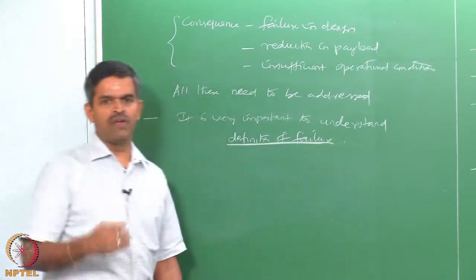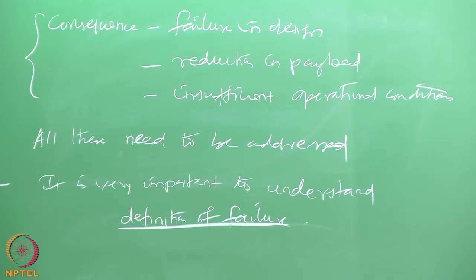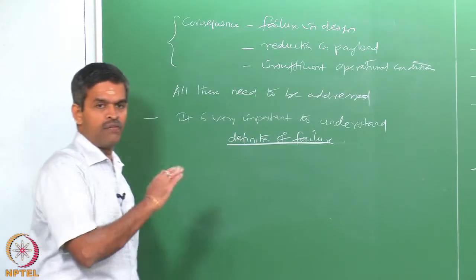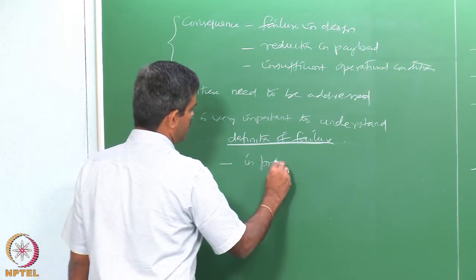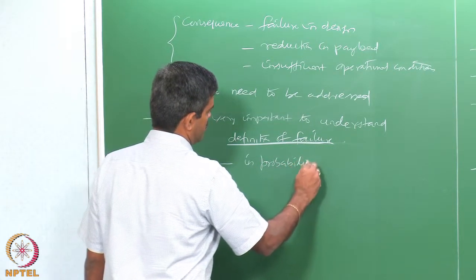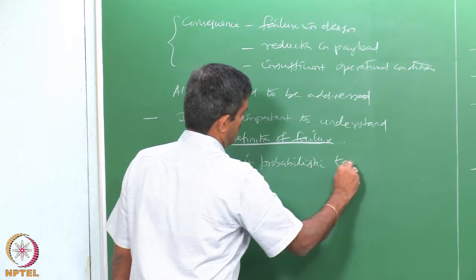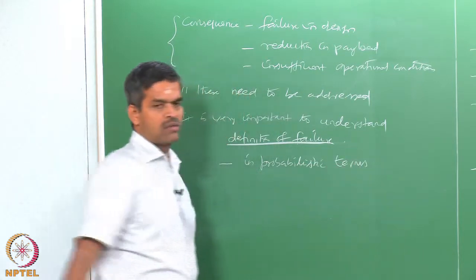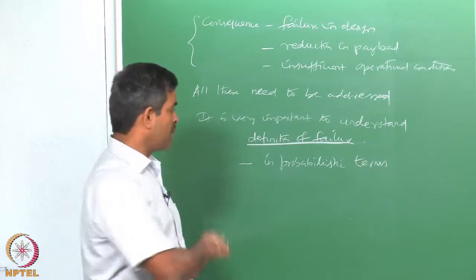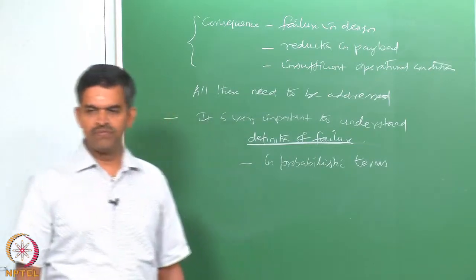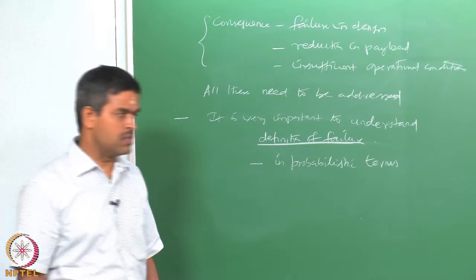So, we have to define the failure. The moment I say define the failure, we must define this in probabilistic terms. Why? Because failure with uncertainties cannot be described in deterministic terms. We already said that in the first module lectures.